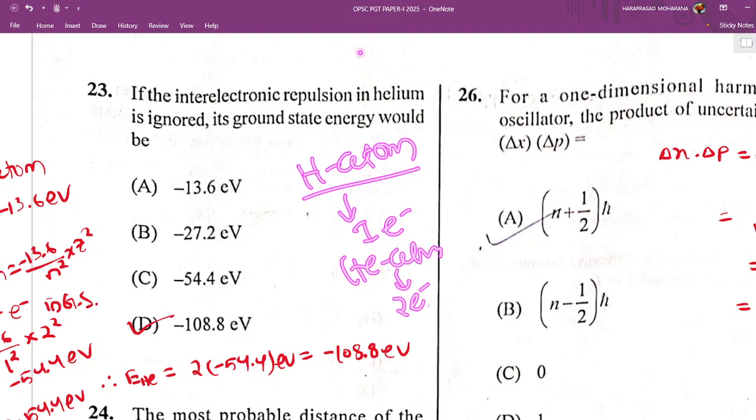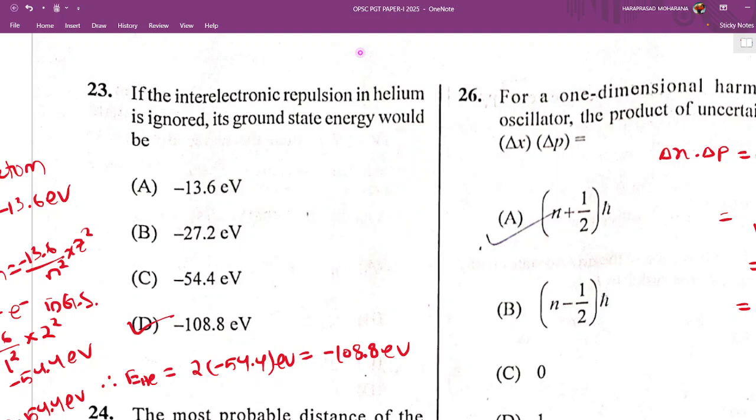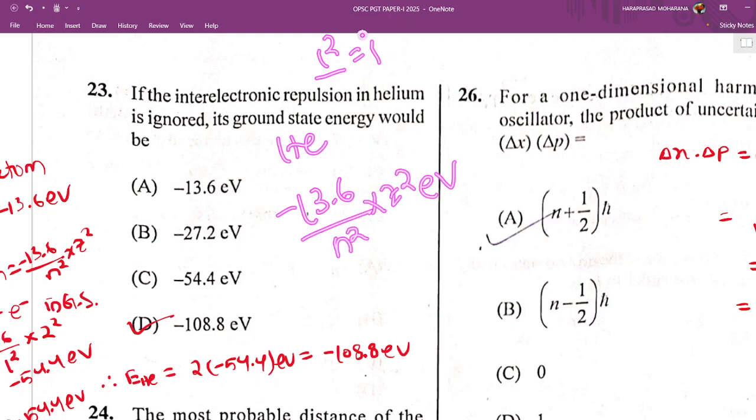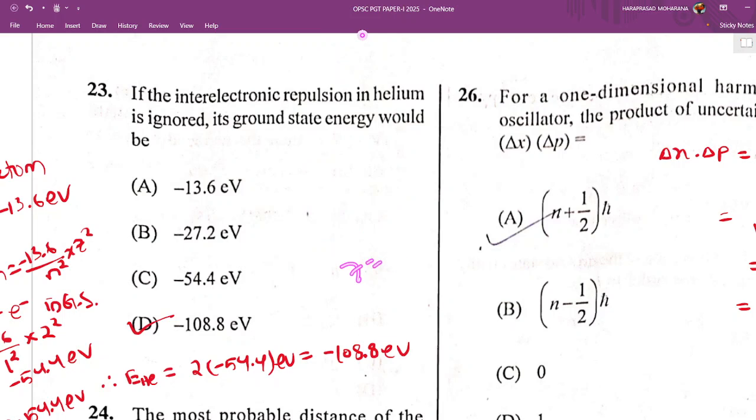For hydrogen, the energy formula is minus 13.6 divided by n square electron volt, with Z equal to 1. For helium, I will write minus 13.6 divided by n square into Z square electron volt. Now for helium, Z is equal to 2, so you put 2 here.